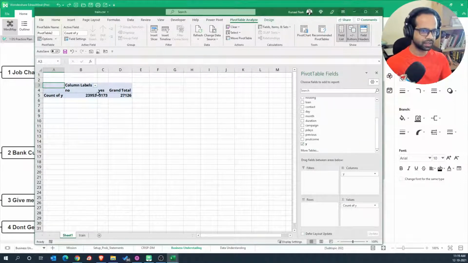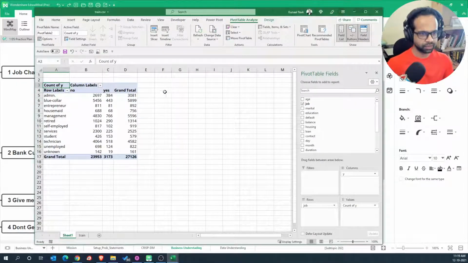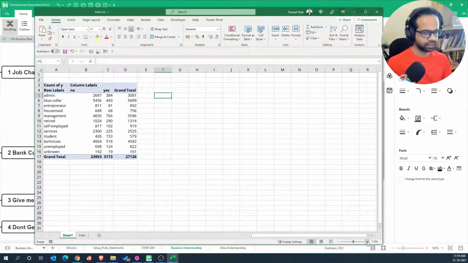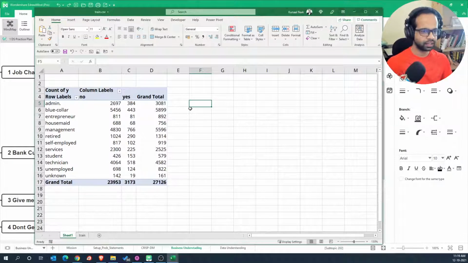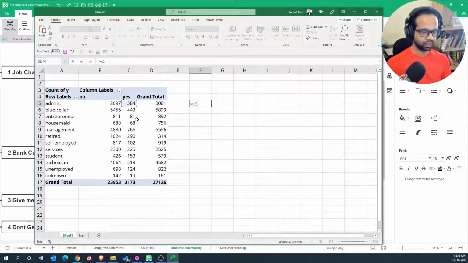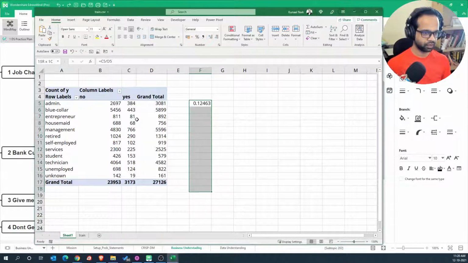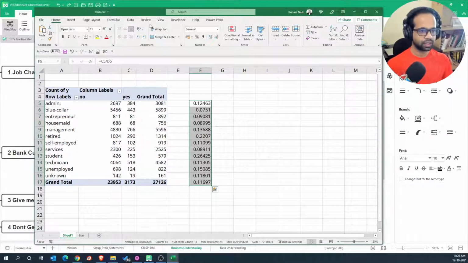So we have these yeses and nos, and then we're just going to take it by job, let's say. Again, this is just a checking criteria. So you have your yeses divided by total, so it's going to be your C5 divided by D5. And you have your percentages again.